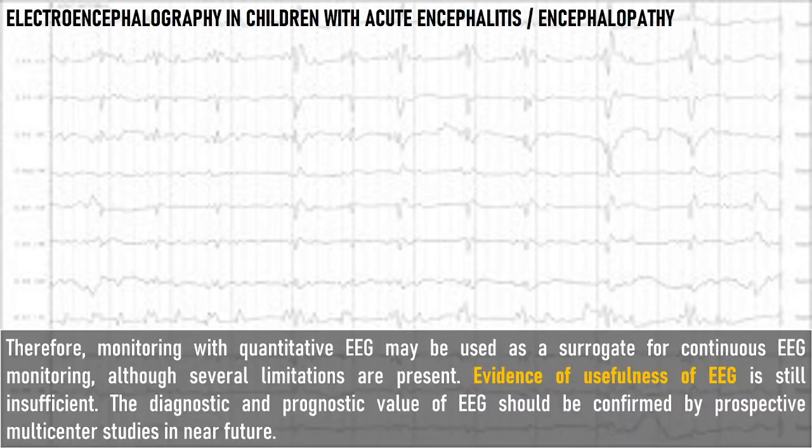Therefore, monitoring with quantitative EEG may be used as a surrogate for continuous EEG monitoring, although several limitations are present. Evidence of usefulness of EEG is still insufficient. The diagnostic and prognostic value of EEG should be confirmed by prospective multicenter studies in the near future.